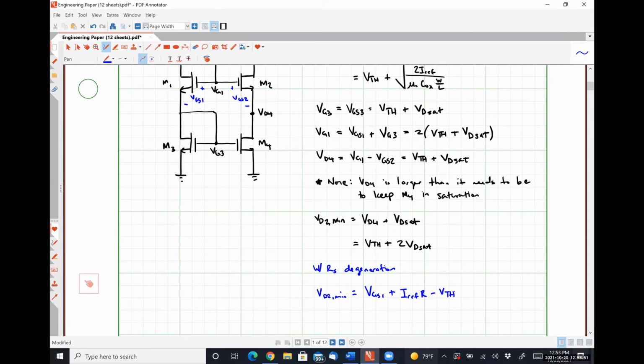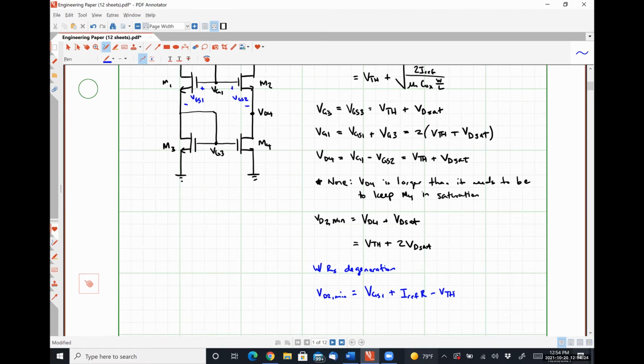So which of these two quantities do you think is going to be a smaller voltage, generally speaking? It's going to be this guy right here, right? VDSAT for most values. So it absolutely depends on the current that we're passing through it. But we're going to see that VDSAT is going to be smaller than IREF times R because we have a strictly linear relationship here, but we have a square root based relationship here. So this guy's going to be a little bit smaller.